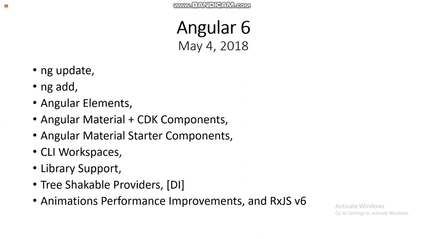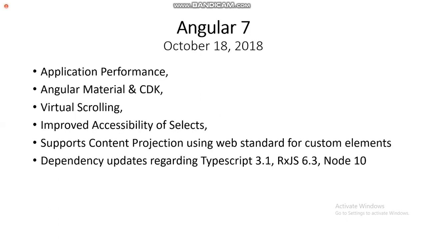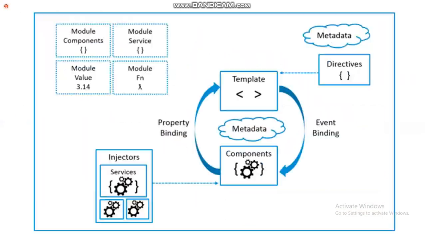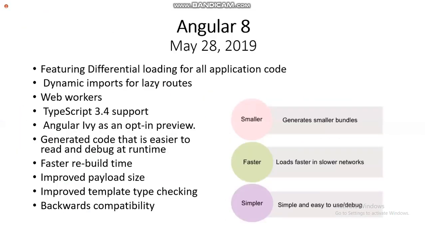Those all you will be able to understand once you start working with them. Then came Angular 7, Angular 8, and Angular 9 in December, October. So the Angular 9 version came.